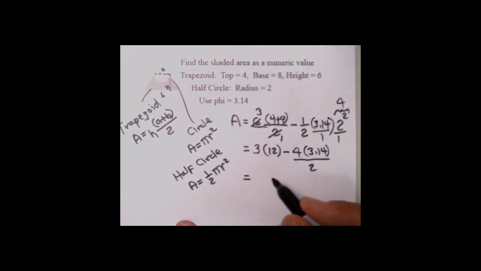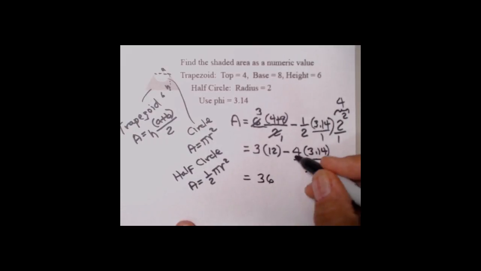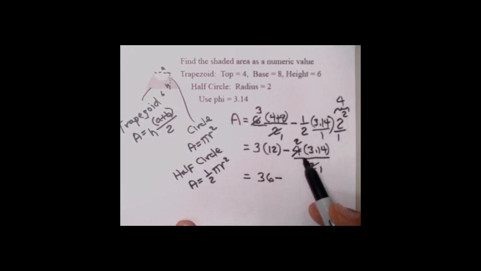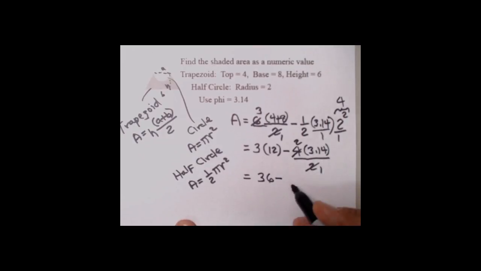Here we go. 3 times 12 is 36. Now, the 2 goes once here, and into the 4, it goes twice. So I'm going to be subtracting 2 times 3.14. Well, if you take 2 times 3.14, you're going to get minus what? 6.28.